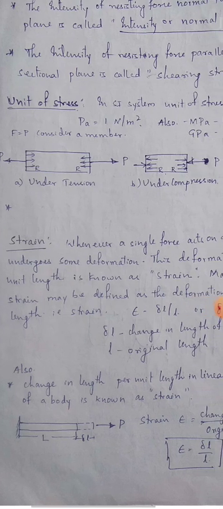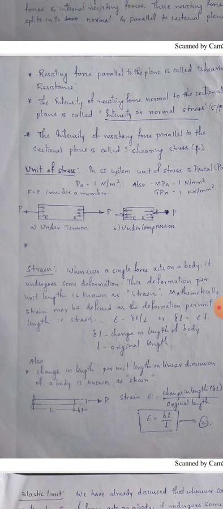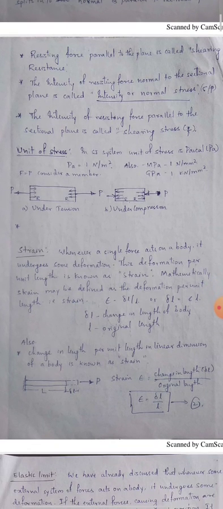This deformation per unit length is known as strain. Mathematically, strain is defined as deformation per unit length, that is epsilon E equal to delta L by L, where delta L is the change in length of the body and L is the original length of the body. Therefore, delta L is equal to strain into L. Also, the change in length per unit length in linear dimension of the body is known as strain.